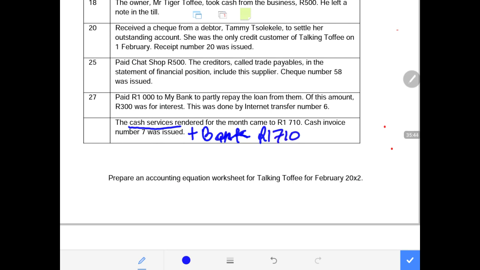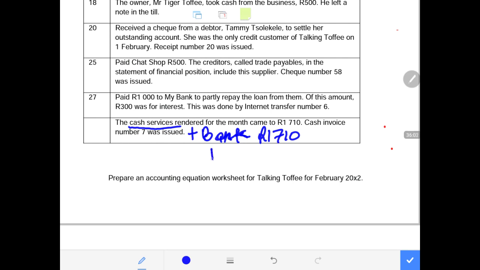We rendered this service to the customer and the customer paid us instantly. Therefore, our bank will increase by 1,710 cash on the spot.